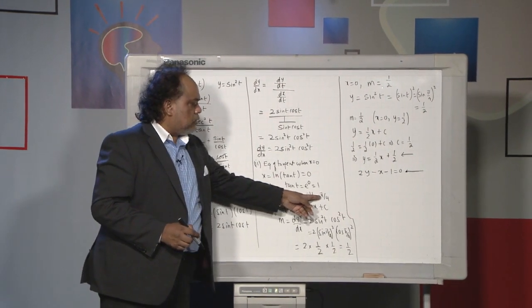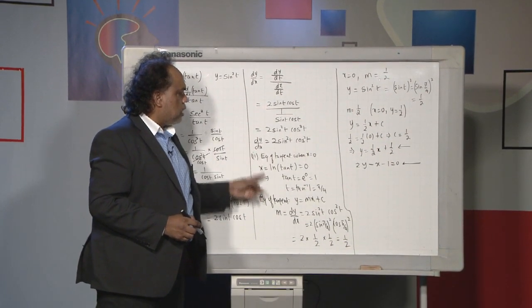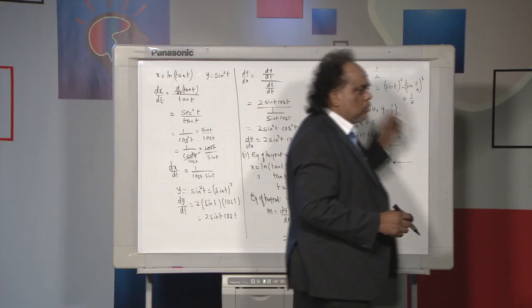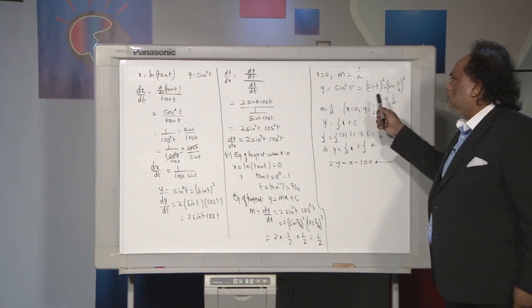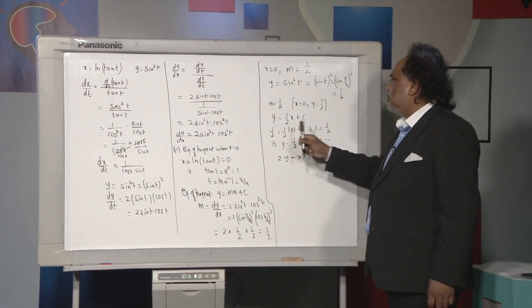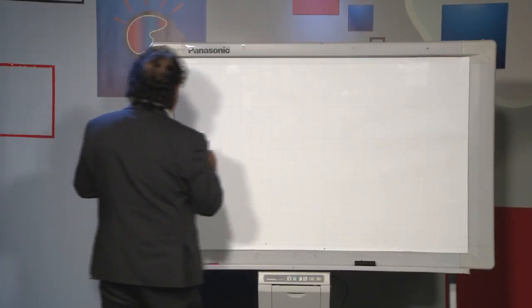So we found the value of t to be pi by 4, and then replaced it in dy by dx to obtain the gradient. And then for t equal to pi by 4, we found x, we found y. So we have a gradient, we have the coordinate, we wrote the equation of the tangent.